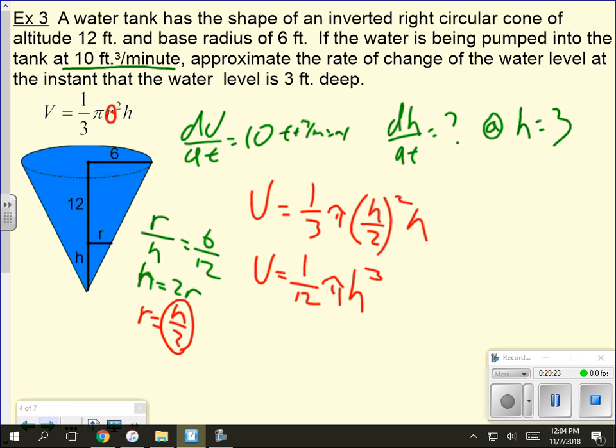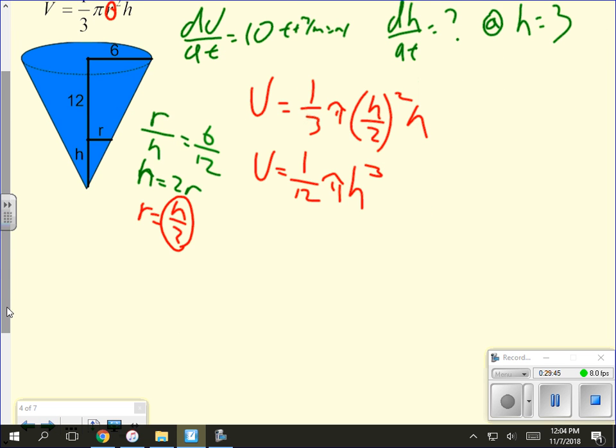The 2 variables I want to relate, volume and height. Those are the 2 things I'm looking for. I have dV/dt, I'm looking for dH/dt. I need to have just volume and height, no radius. I eliminated my radius successfully. Now I take my derivatives. So, dV/dt is equal to, bring down the 3, 3 over 12 becomes 1 over 4, pi H squared dH/dt.